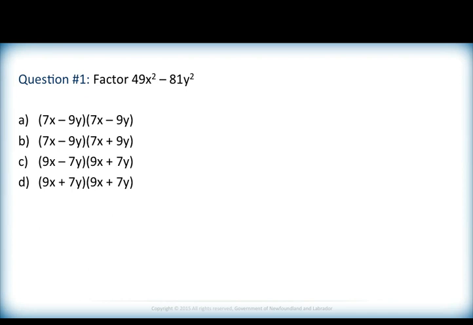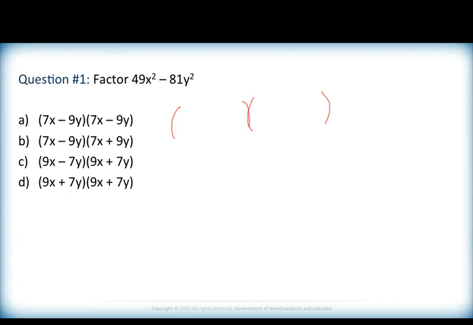And that is a special kind of polynomial, which is called the difference of two squares. Since 49 and 81 are both perfect squares, and they're separated by a subtraction, which means a difference of two squares, we can just put our two brackets automatically to make our binomials.